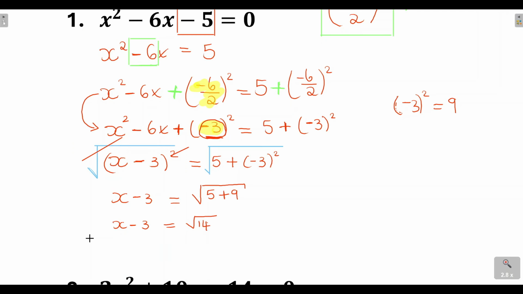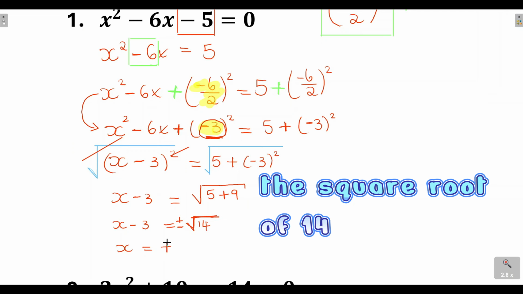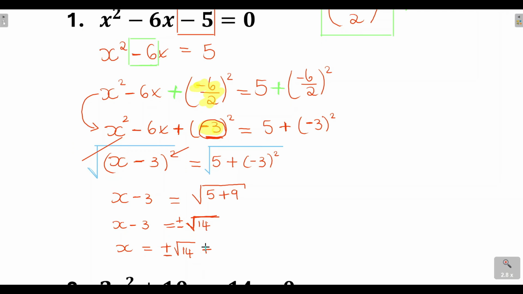And then from here, guys, we want to solve this equation. We want our x to be on its own. So we want to move the negative 3 to the right hand side. Therefore, x is going to be equal to, remember, we square rooted the 14, so it's not just the square root of 14, but plus or minus the square root of 14, plus 3, because your 3 has now moved to the right hand side.